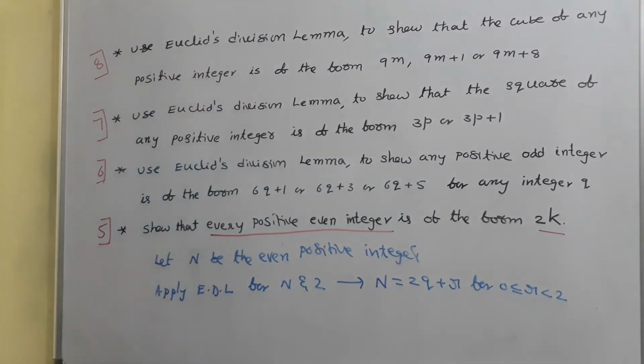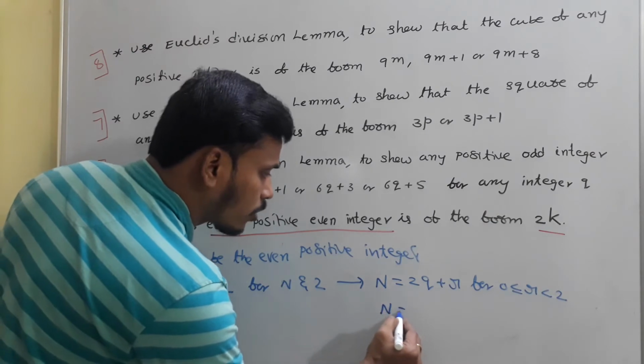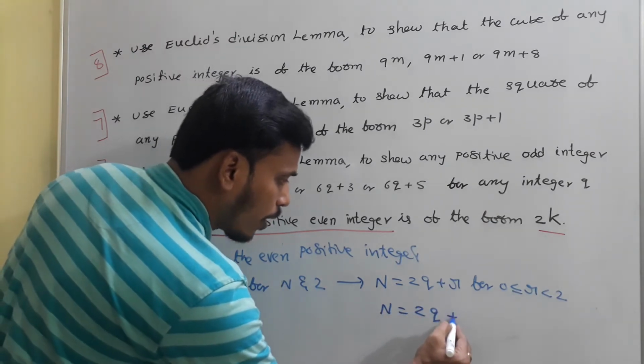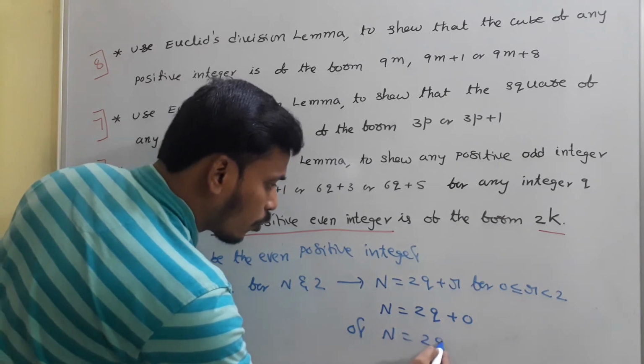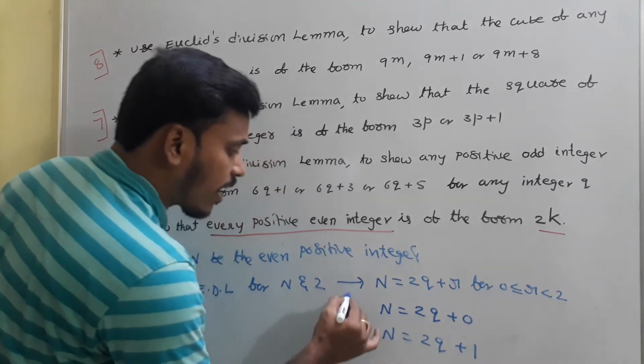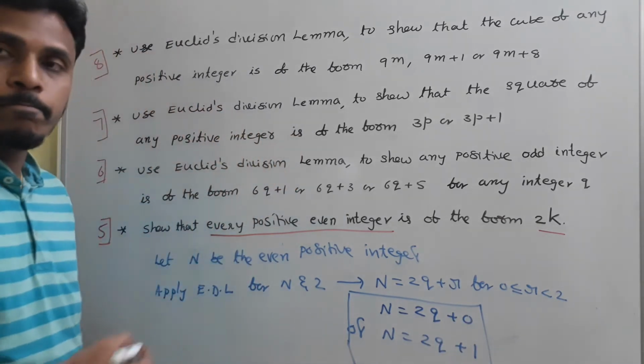In a sense, what it means is that the values of r between 0 and 2 may be 0 or 1. So the possibilities are: n equals 2 into q plus 0, or n equals 2 into q plus 1. These two are the only possibilities.